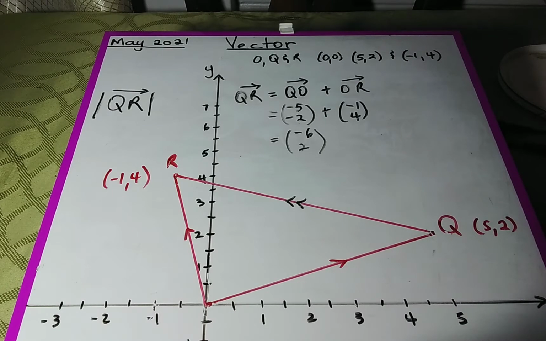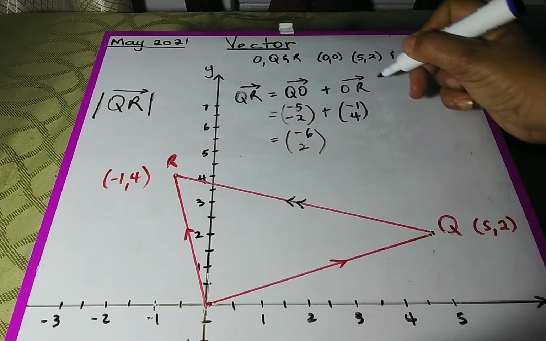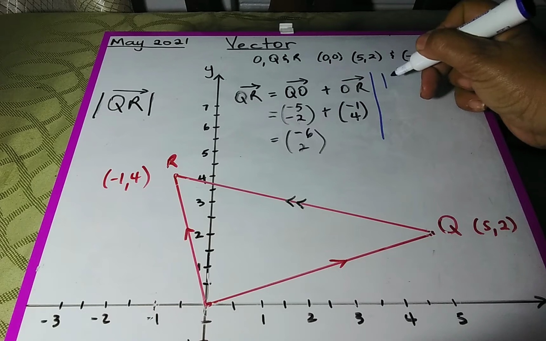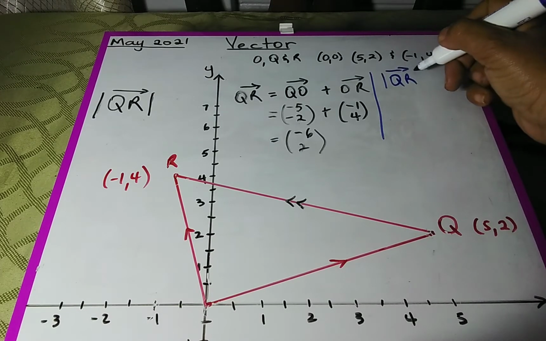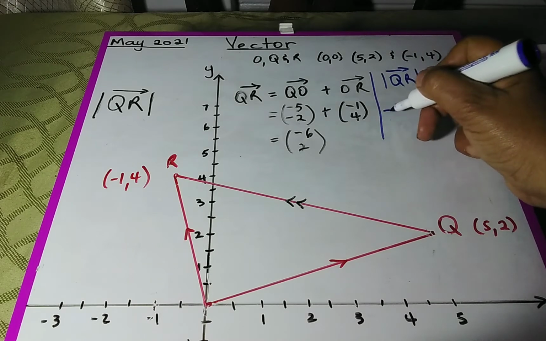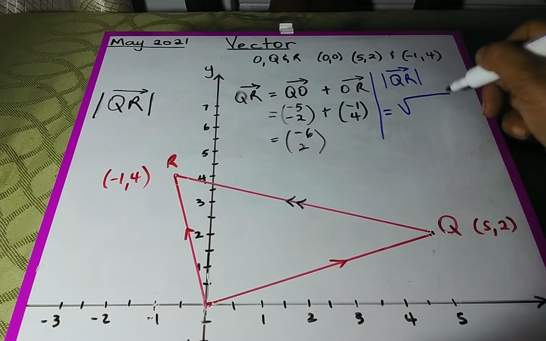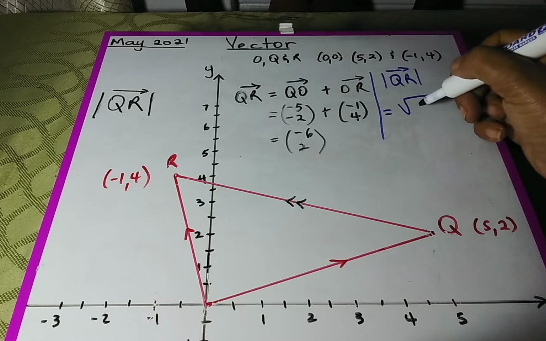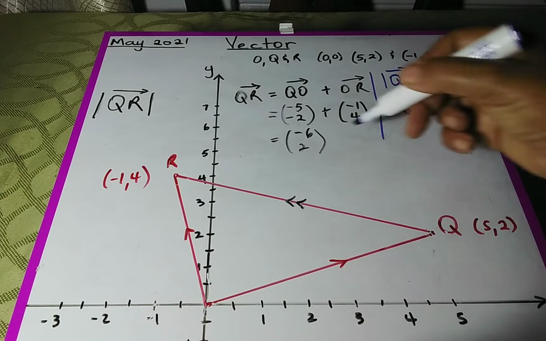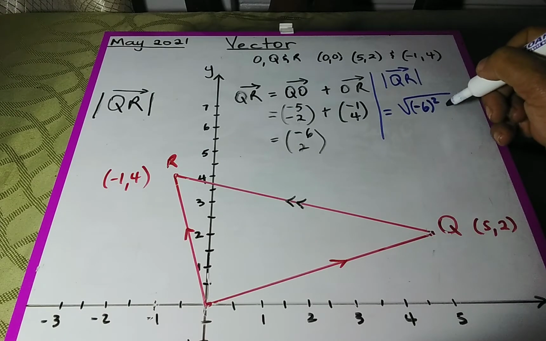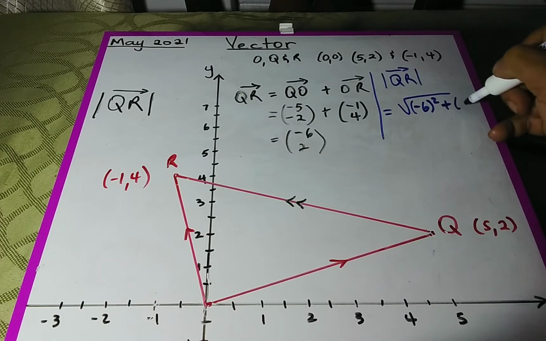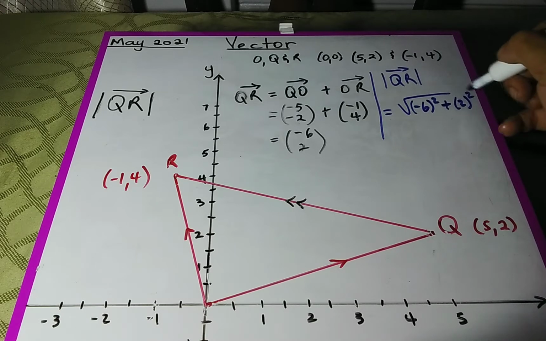Now to find the magnitude, we are really using Pythagoras' theorem. So the magnitude of QR would be equal to the square root of, so x would be negative 6 squared plus positive 2 squared.